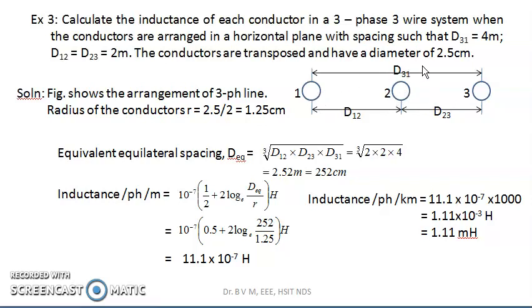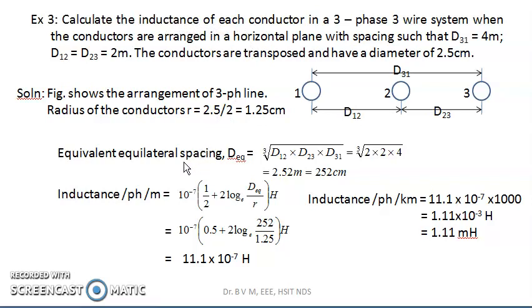It is given that the distance between 1 and 2 is 2 meter, between 2 and 3 is 2 meter, and between 3 and 1 is 4 meter, and the diameter of each conductor is 2.5 centimeter. What is to be calculated is the inductance of each conductor.